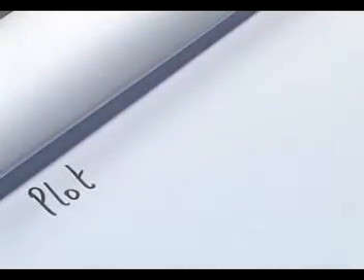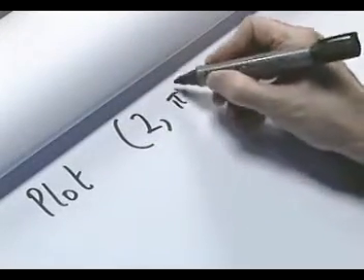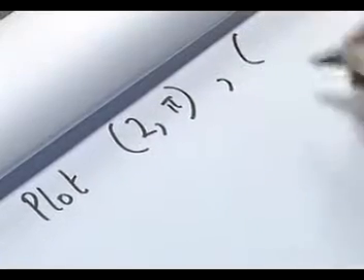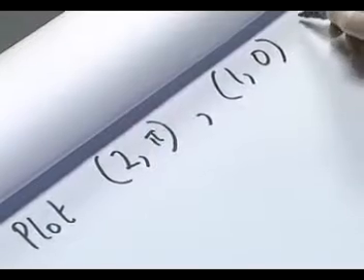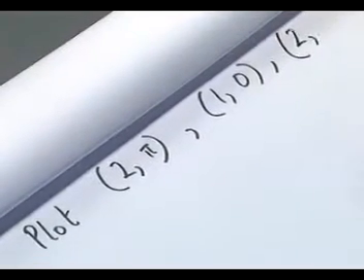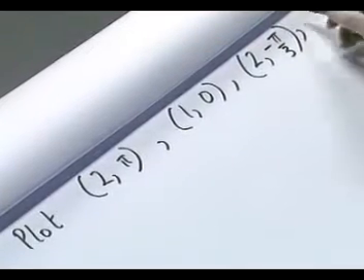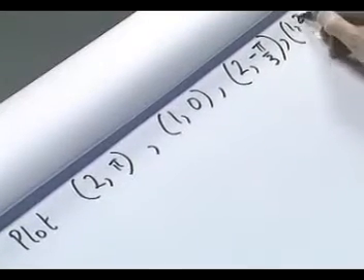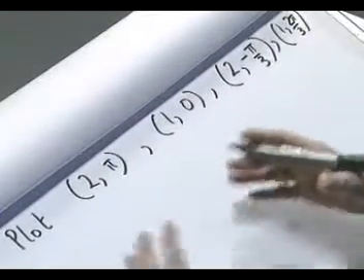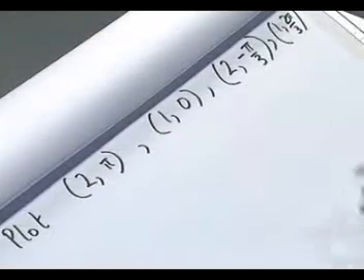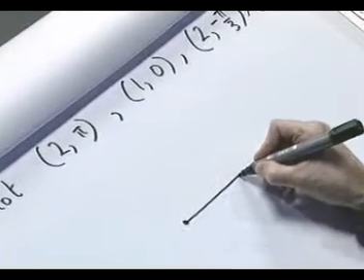I'm going to plot the following points, and they're all in polar coordinates. I'm going to put them all on the same picture so we can get a feel for whereabouts things are in the polar plane, or the plane for the polar coordinates.